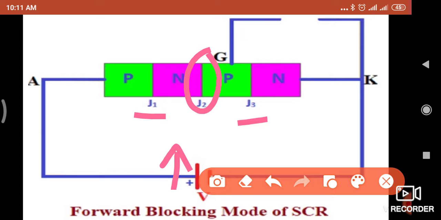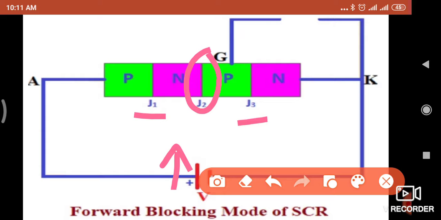Avalanche means a large amount of electrons flow at a time through that junction. Why does this happen? Because of the high voltage applied across the anode and cathode. Okay?